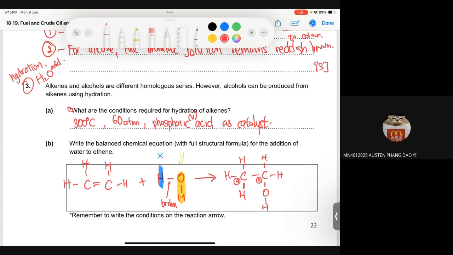So this addition reaction actually is not tough. Once you get a pattern of how it's being added, life won't be too difficult. It's always added across both different carbons. Now, anybody has any question at this point regarding this addition reaction? Don't have? Okay, let's carry on.